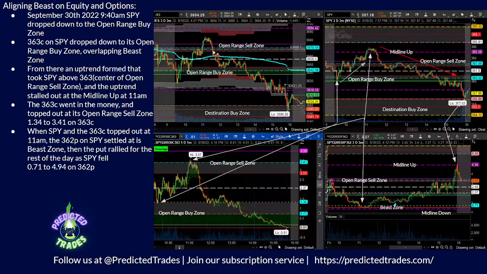So I'm going to talk for these examples and some of the trades that we took. On 9:30, again on ES, using this as an example. On ES, we open a little bit in our open range buy zone. With ES, it's plotting the open from the overnight session. So when futures open at 6 p.m., that's where it plots the open level.